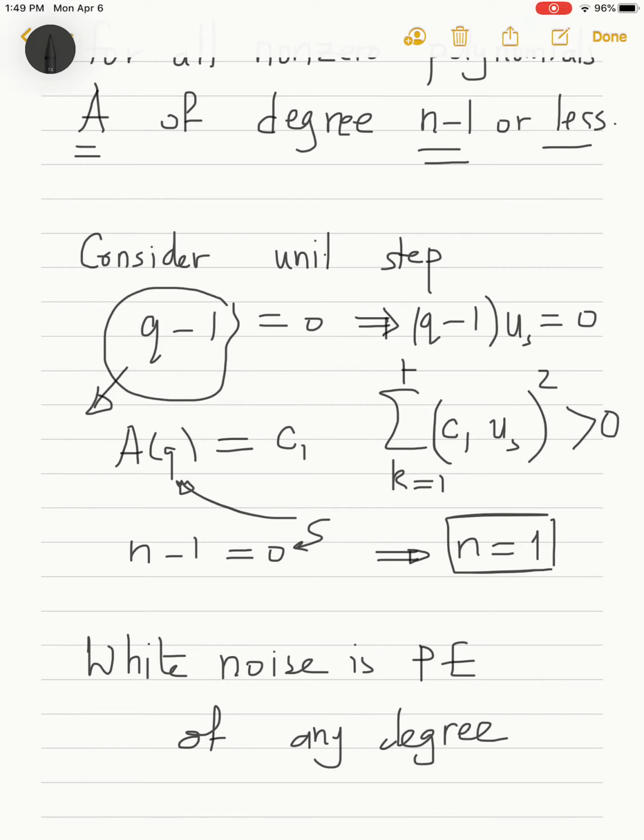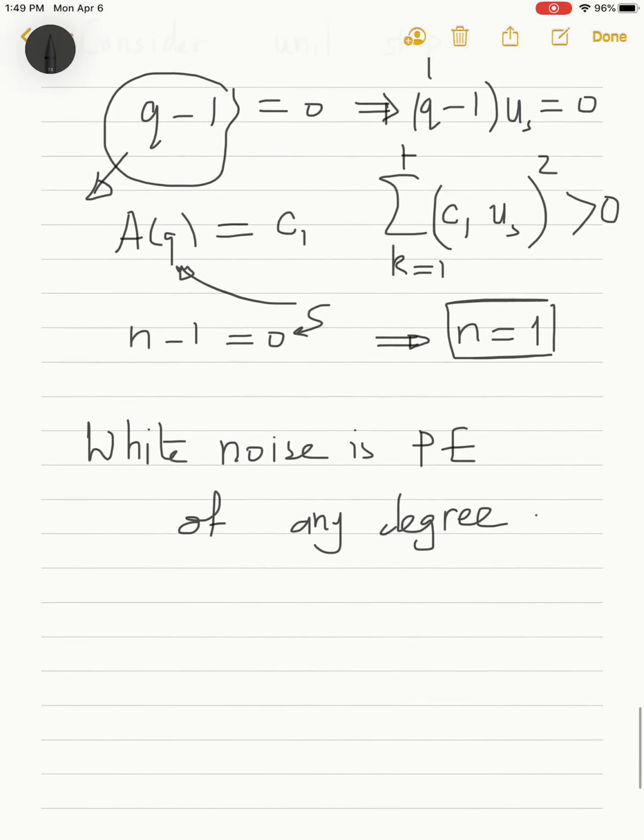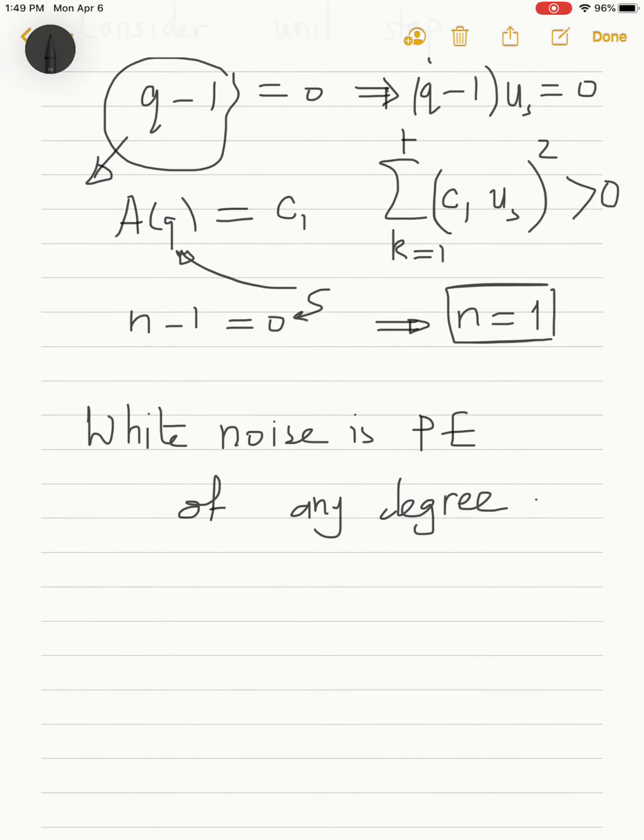This is the best signal you can use as an input in order to do parameter estimation. However, we can simulate the white noise by what's called the pseudo random binary sequence.